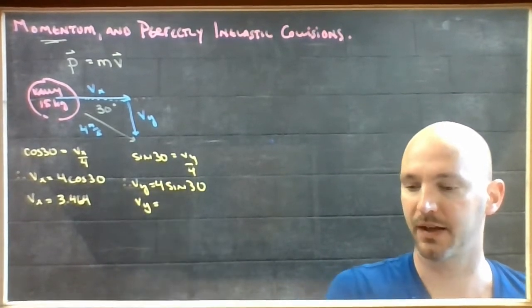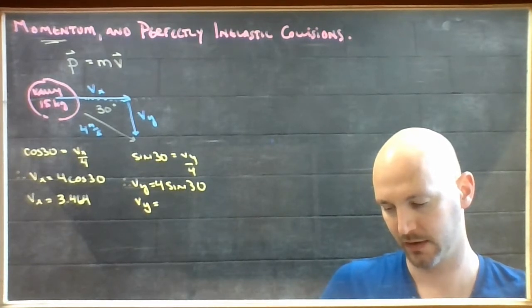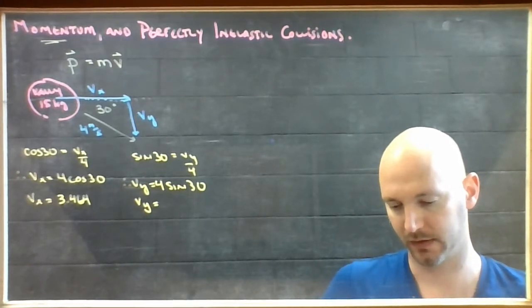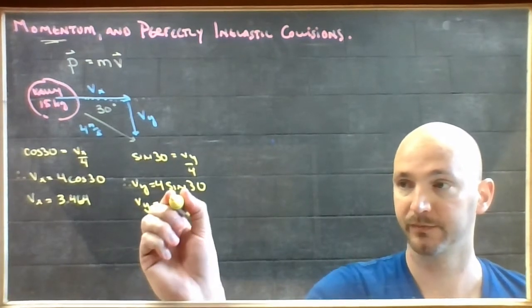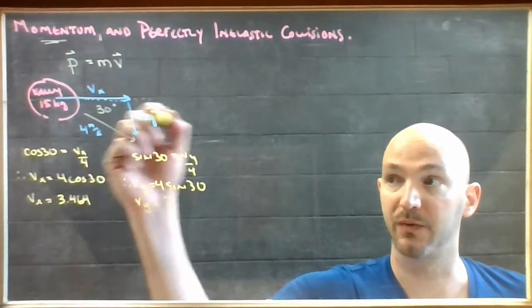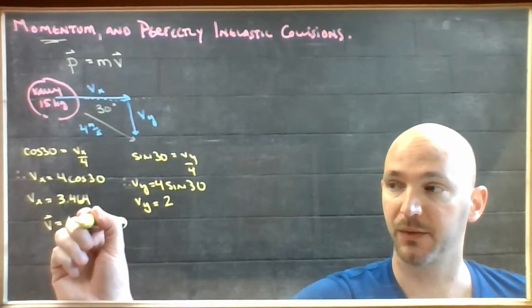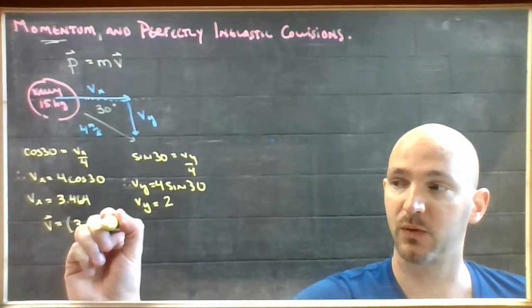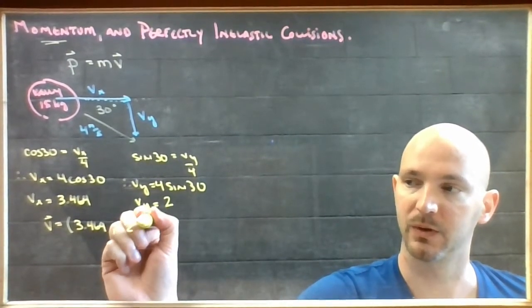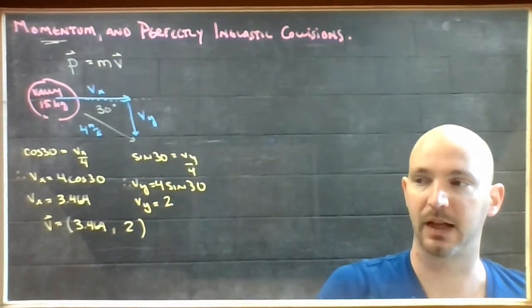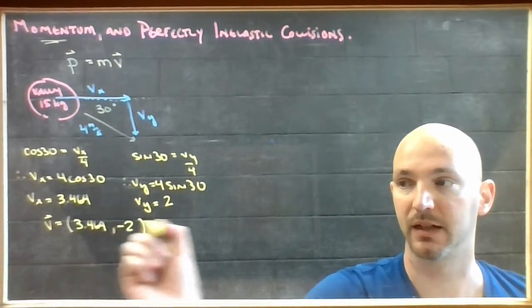And I believe sine 30 is 0.5, so let me confirm that. Sine of 30 is 0.5 multiplied by 4 gives me 2. So the velocity vector for Kelly would be 3.464 headed to the right and 2 headed down. Now in order to show that this is down, I'm going to make that a negative there.